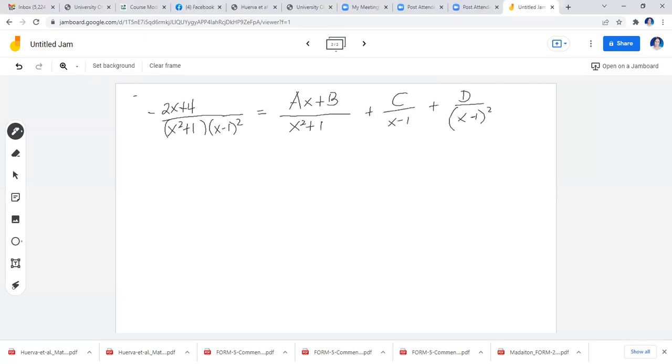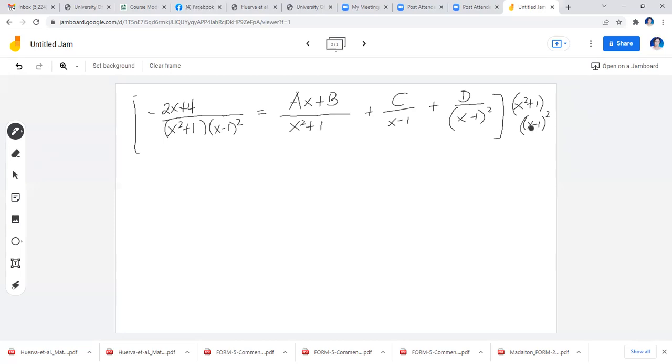Now, this entire expression should be multiplied by this LCD, x squared plus 1 multiplied by the quantity x minus 1 squared. So I just write it there below. We don't have much space here.